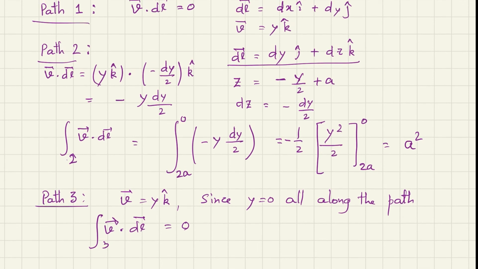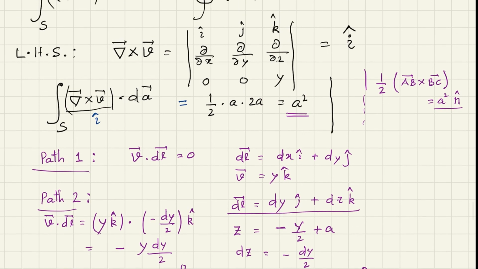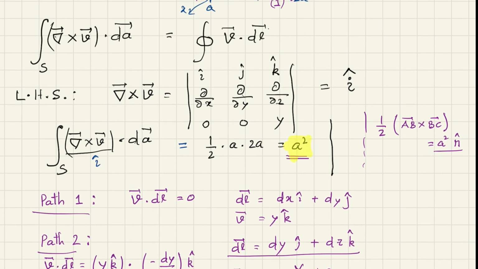So the total is 0 plus a squared plus 0 over the whole path, v dot dl. This is equal to a squared. And indeed, our answer is a squared through line integration along the path. We had already calculated the left-hand side as a squared. So this is proven.